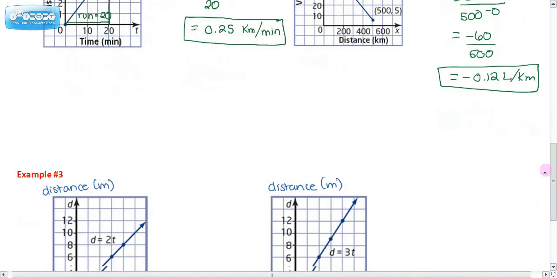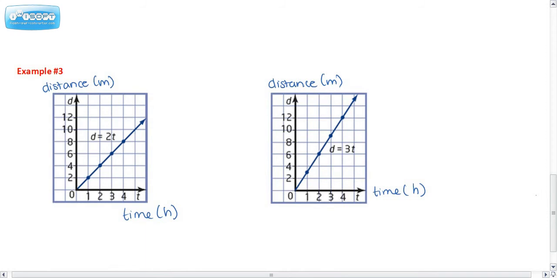So let's take this on another example when we look at two distance-time graphs. How this rate of change helps us is that we can look at the slope, which is our rate of change, and we can notice that in this line we have a rate of change of 2.